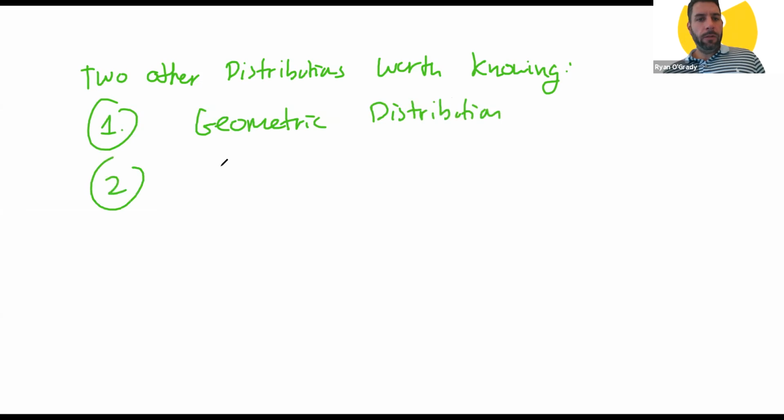And the second one is called the Poisson distribution.